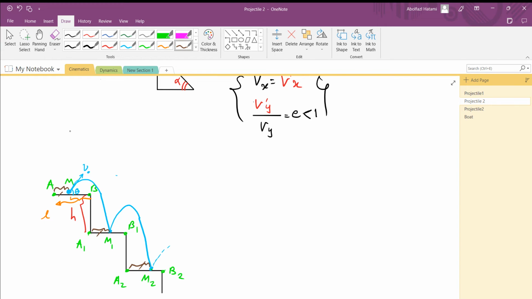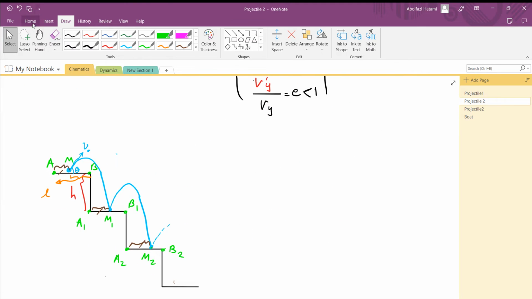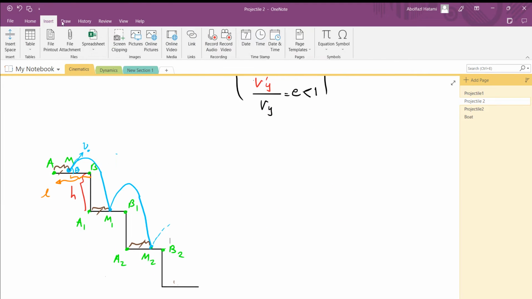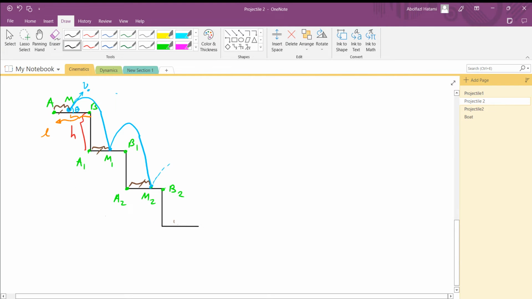Okay, let's solve part A with color black. What should we do with this part of the problem? What does it mean that AM should be equal to A1M1, and it should be equal to A2M2?